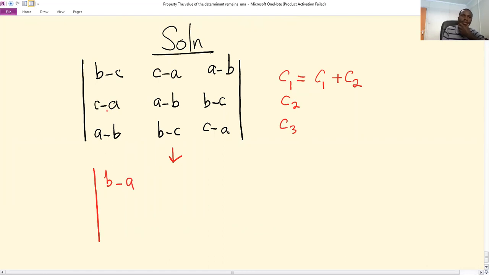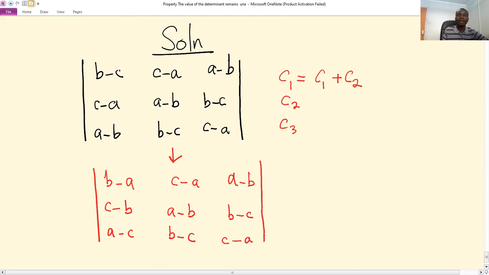Then c minus a plus a minus b is c minus b, because minus a and a cancel out. A minus b plus b minus c is a minus c, because minus b and b cancel out. And here I have c minus a, a minus b, b minus c, and a minus b, b minus c, and c minus a.